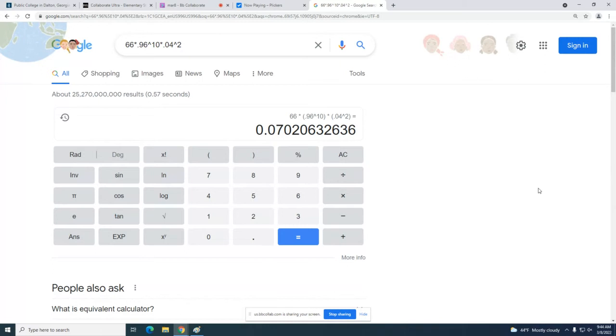So 66 times 0.96 to the power 10, right? And 0.04 to the power 2. 0.96 to the power 10.